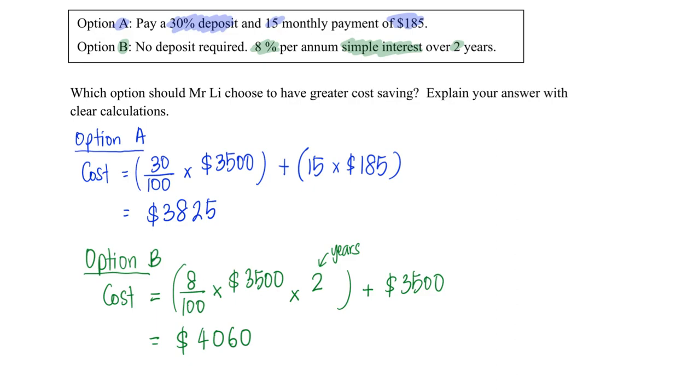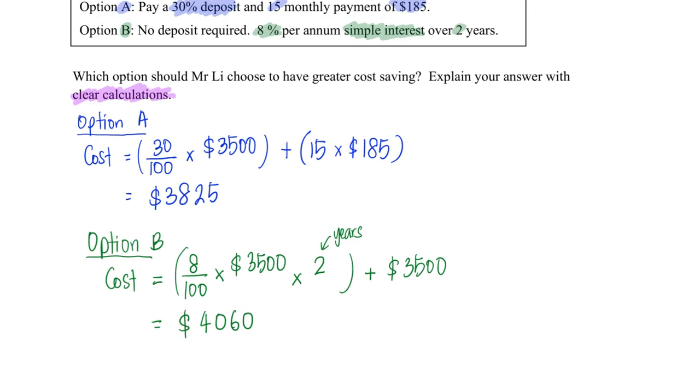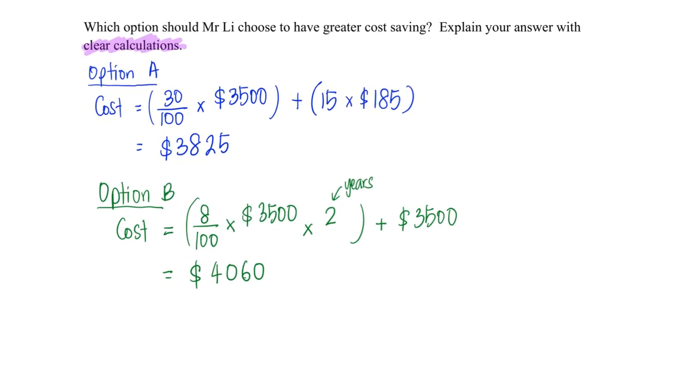So, which option then should he choose to have a greater cost saving? Well, the answer is option A. And to make it even clearer with the calculations, we need to show how much he actually saves.